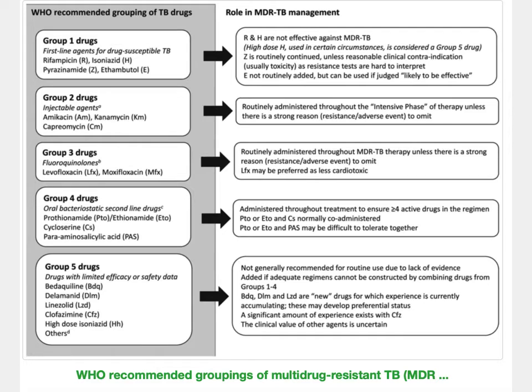The second first line drug is isoniazid, commonly known as INH, which ranks among the most powerful drugs in the treatment of tuberculosis, and it can easily penetrate the cell membrane and is thus active against intracellular and extracellular bacilli.